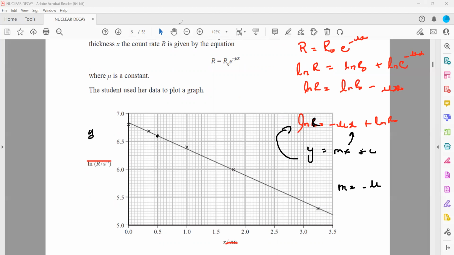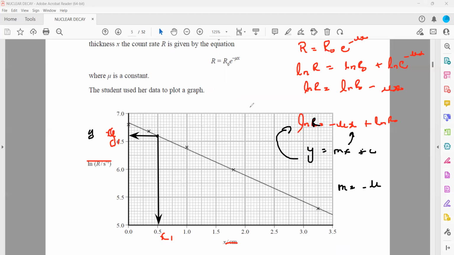The first point on the x-axis will be x1, and the first point on the y-axis will be y1. So this will be equal to x1 and this one equal to y1.